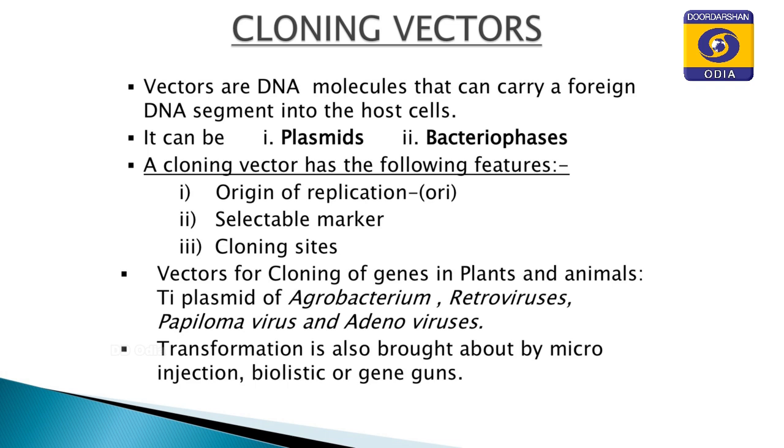Then what is the advantage here? We have a microorganism produced which contains a foreign DNA, and normally we use two important vectors, one is plasmids and the second group is bacteriophages.